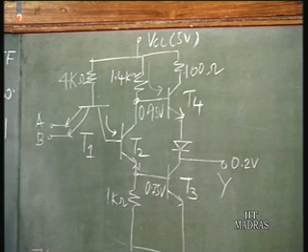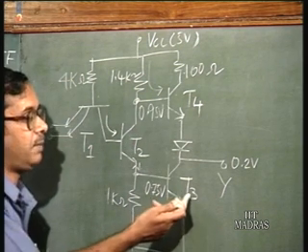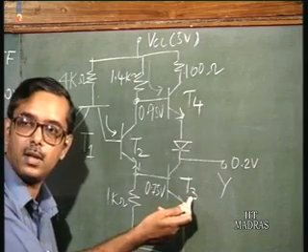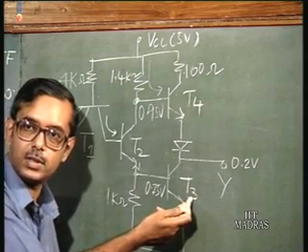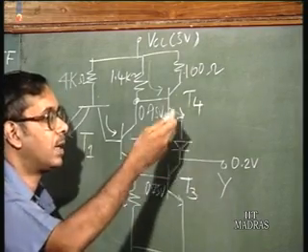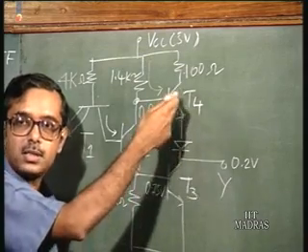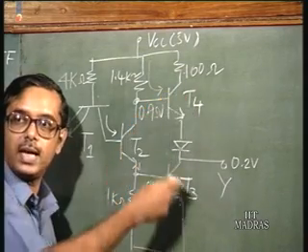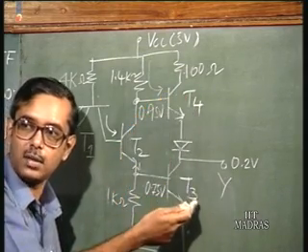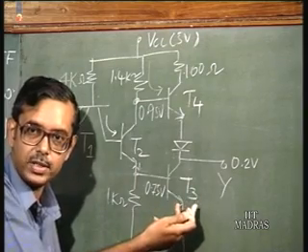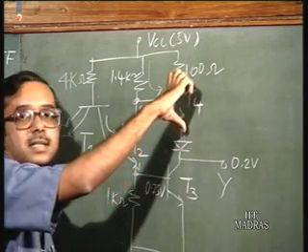All right. So we have achieved what we set out for, that is, when T3 is off, it sees a very low resistance because T4 is on, and when T3 is on, this goes to saturation, you have a very high resistance working here.